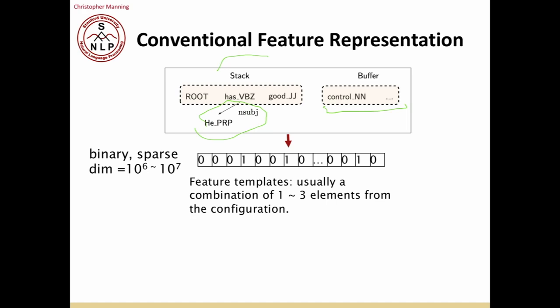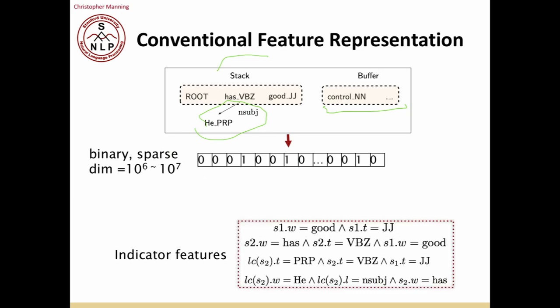And the kind of features you wanted were usually some kind of conjunction of multiple things. So if the top word of the stack is good, and something else is true, right? That the second to top word of the stack is has, and its part of speech is verb, then maybe that's an indicator to do some action.